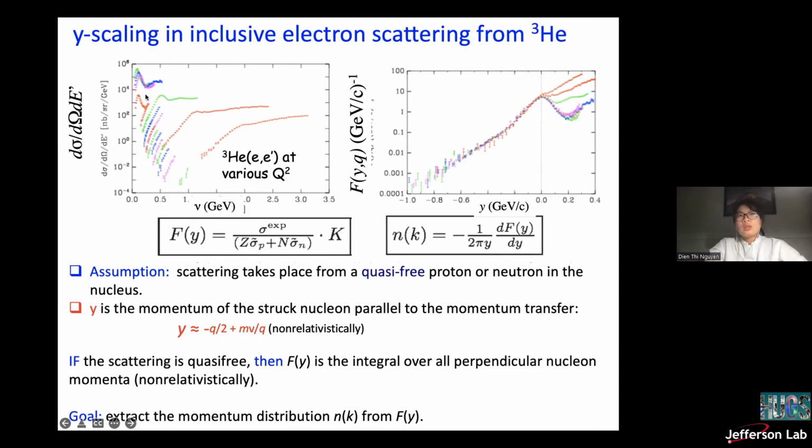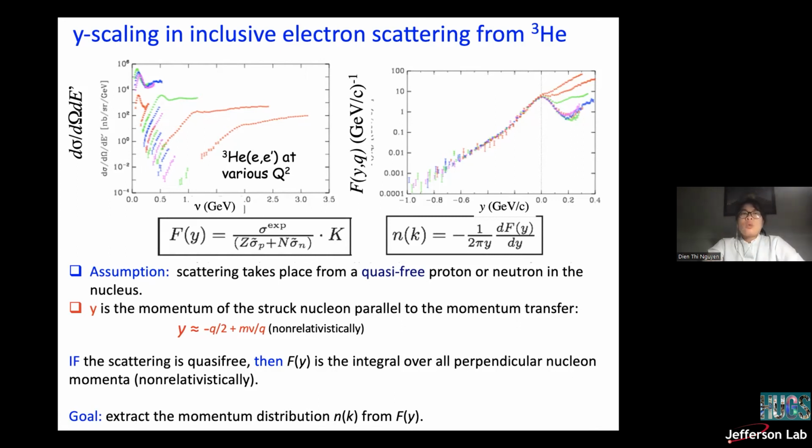This is the lower Q square, so quasi-elastic is dominant compared to other processes. Now when you continue increasing, going to the right, you can see that first the cross section drops, meaning that Q square is getting bigger. You also see that the peak is more washed out and the other contributions start taking over as the dominant one, right? This is the cross section measured from the experimental side.